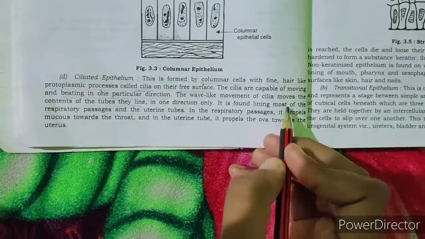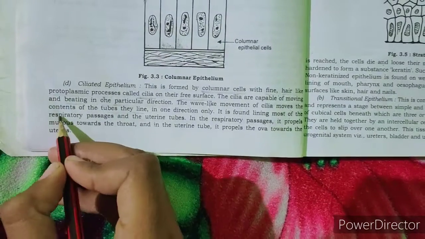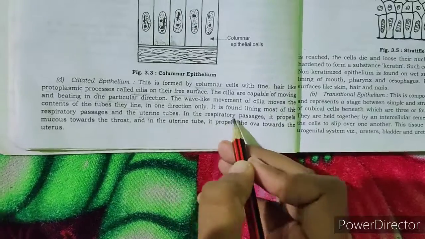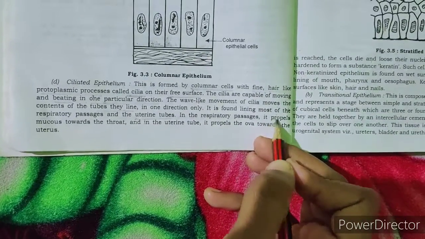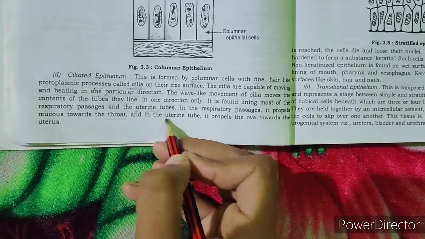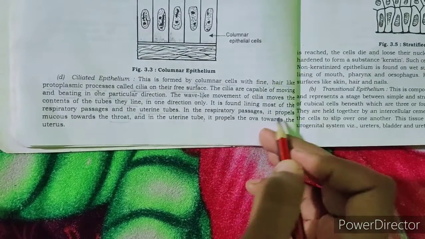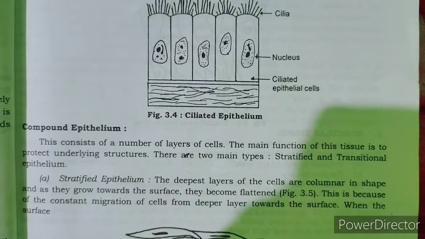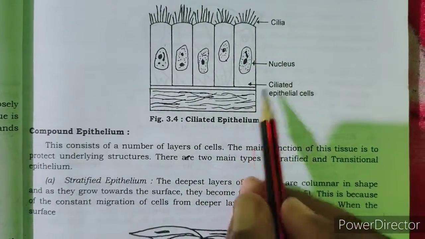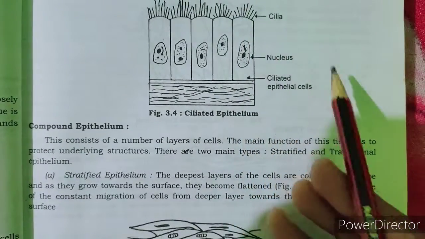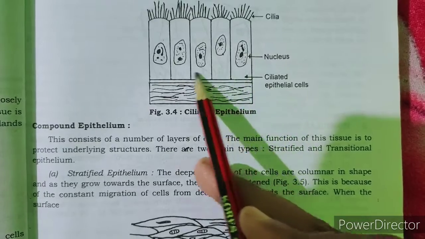It is found lining most of the respiratory passages and uterine tubes. In the respiratory passages, it propels mucus towards the throat, and in the uterine tube, it propels the ova towards the uterus. Then see the ciliated epithelium structures: it is the nucleus, and that is the cilia, and it is the ciliated epithelial cells.